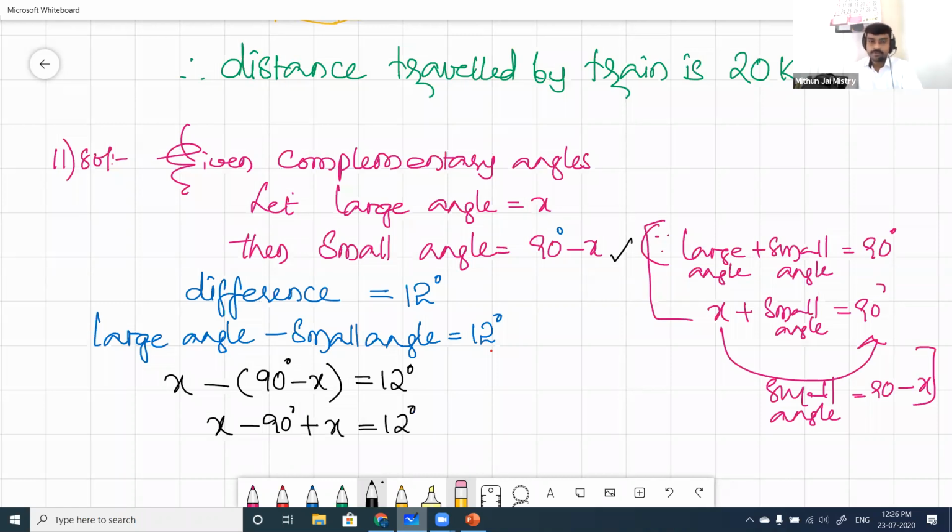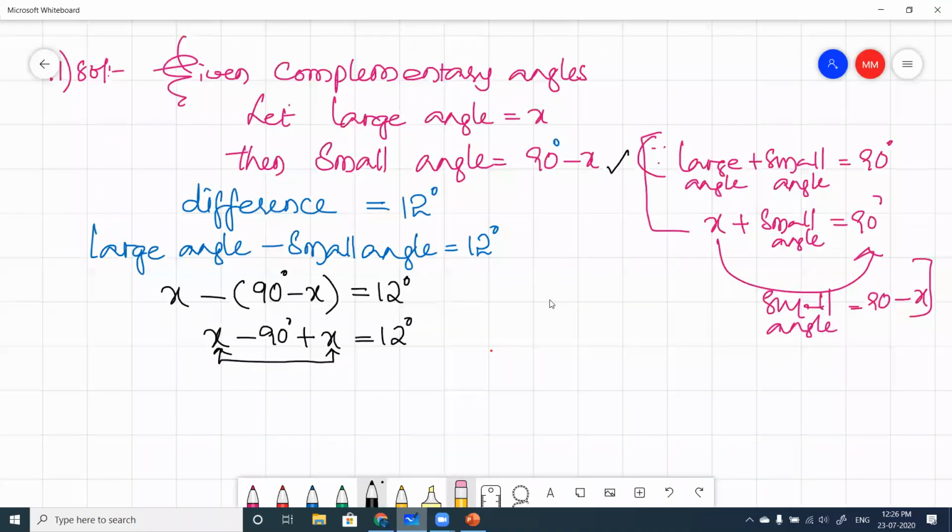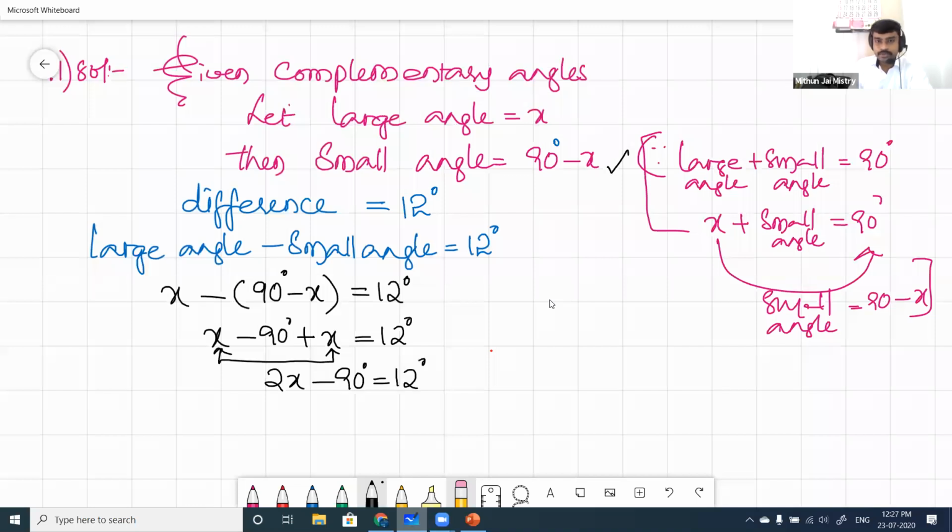Now please don't get confused. X plus X, we are going to add these two terms, because they are like terms. So X plus X, you will get 2X. So you'll get 2X minus 90 degrees is equal to 12. Now bring this minus 90 also to the other side.